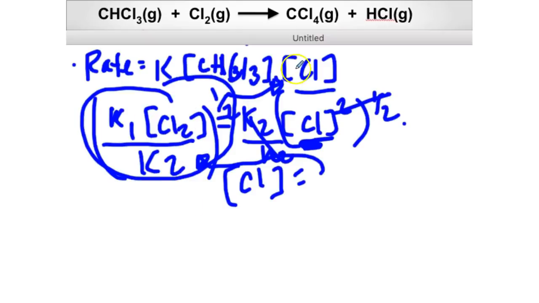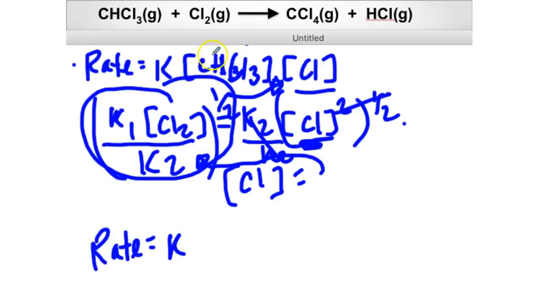So when I plug this in there, I'm gonna get rate is equal to K times K1 over K2. All of these K's are gonna form a fourth K value. It's gonna form some random K value. So we just squash them all together. Let's just call it K. Doesn't matter. Just call it K.